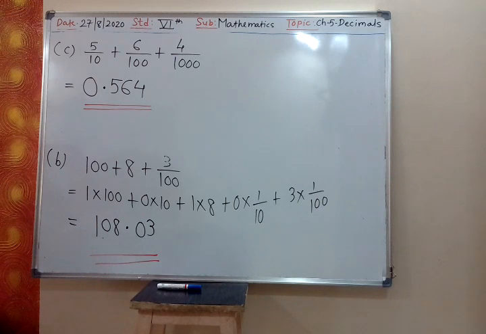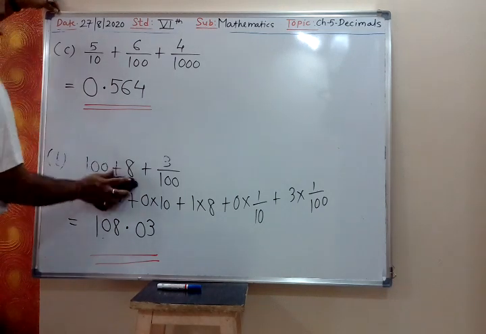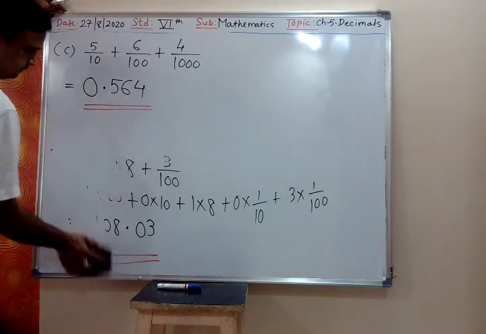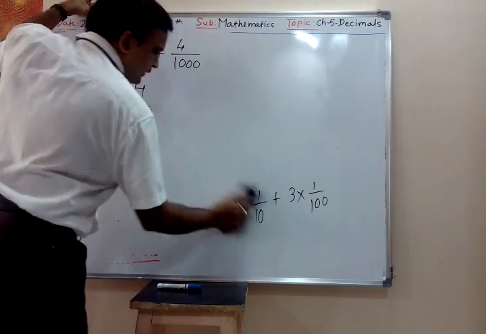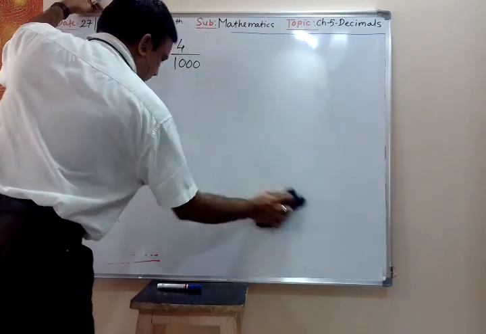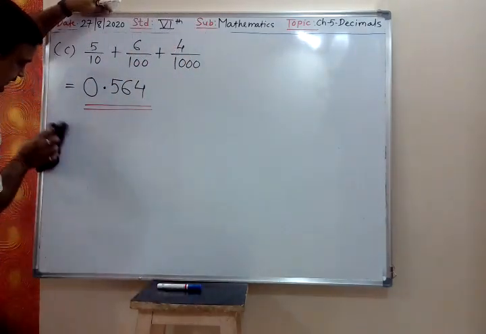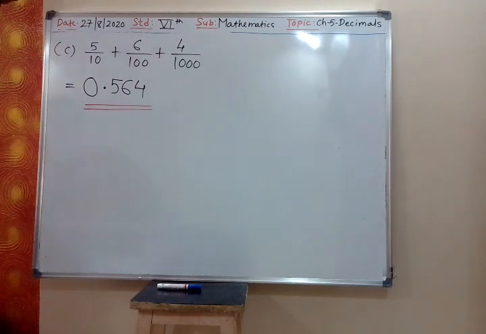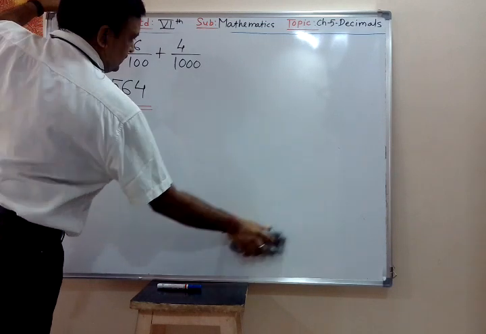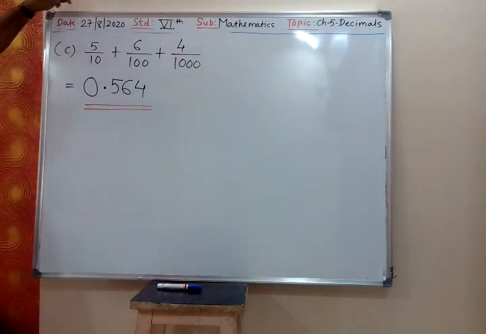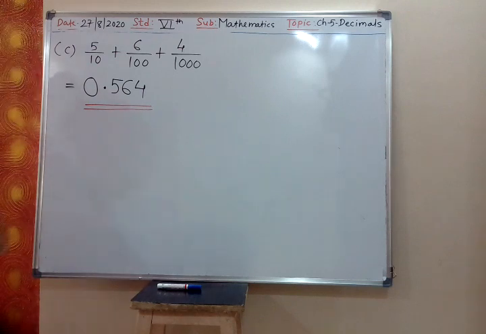D, 60 plus 6 upon 100. Wait. It was 108.03.